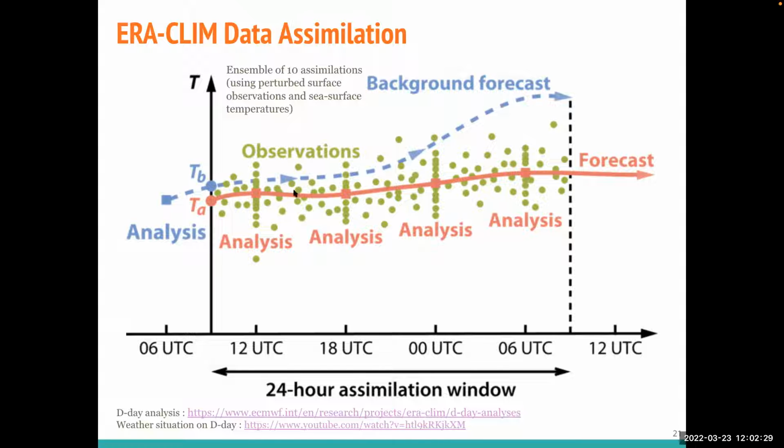So you don't give this up. You know that it has a large deviation from the observation, but you don't want to give it up because you want to do the combination of the two. Okay, so this is how we do it. So, ensemble of 10 assimilations over a 24-hour simulation window. So you are doing data assimilation over this window.